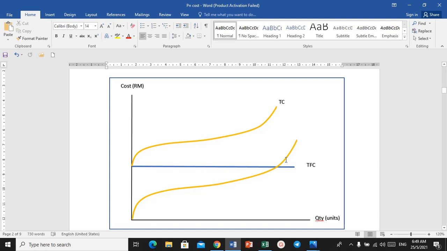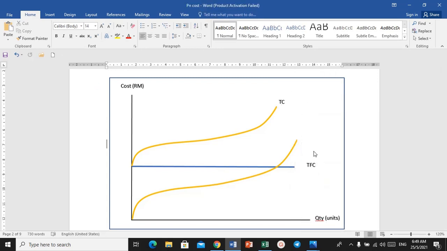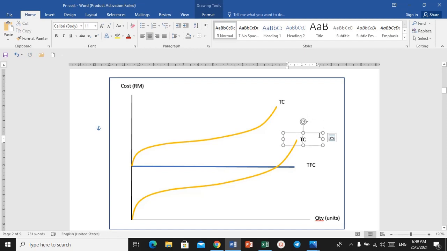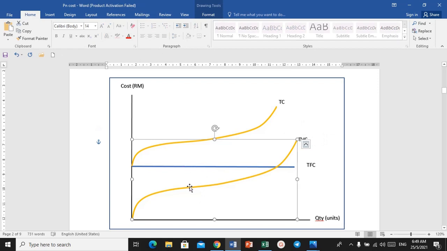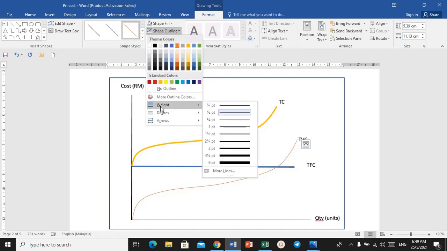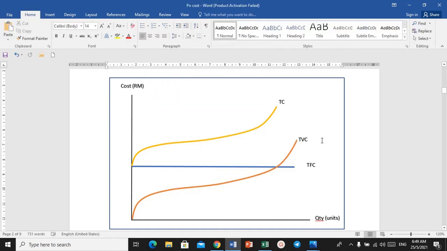And then I'm going to label this total variable cost. Okay, so this is your total variable cost.